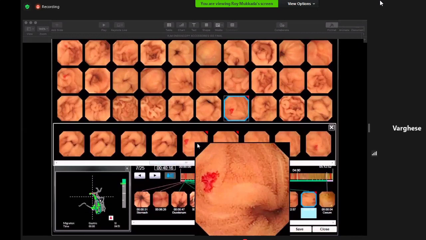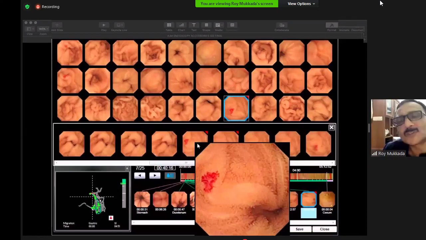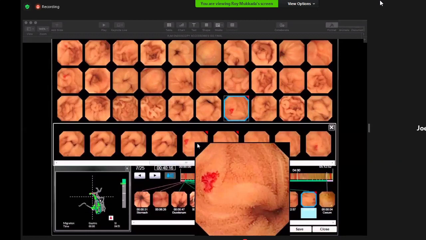So is there any automatic or artificial intelligence system that helps you to identify the lesion? Suppose there is a bleeding spot, will it at least give a clue that it is bleeding from this site? Yes, if it is bleeding and if the lumen is excessively red, it will identify that spot and highlight it so that we can move the cursor forward and backward and identify the lesion.